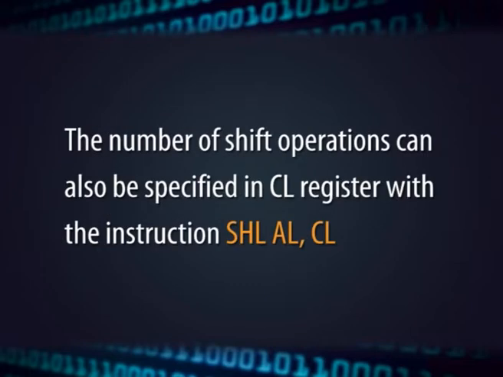The number of shift operations can also be specified in the CL register with the instruction SHL AL, CL. The number of shifts is software controlled, and can be specified in the CL register before the execution of the shift instruction.